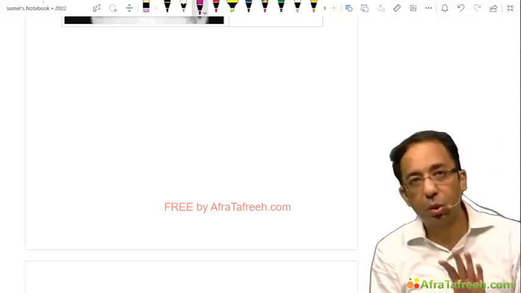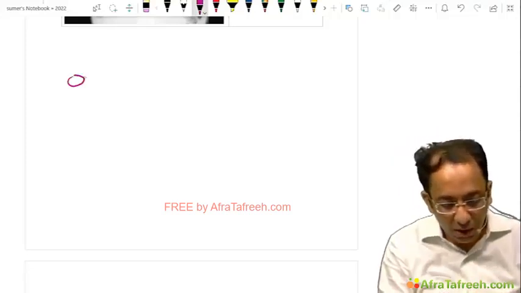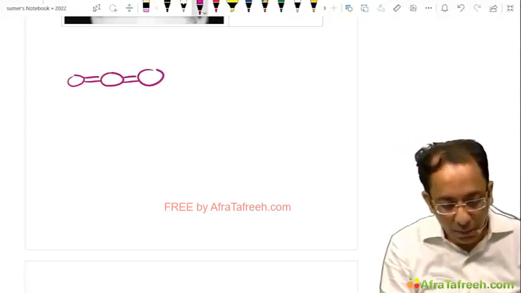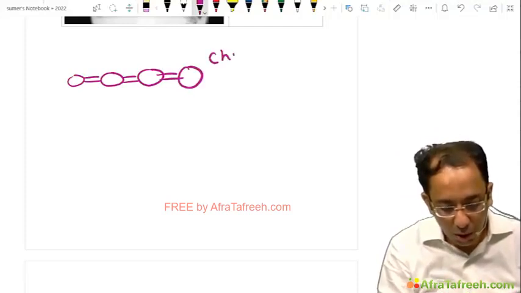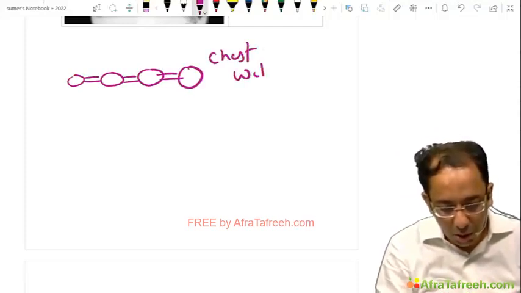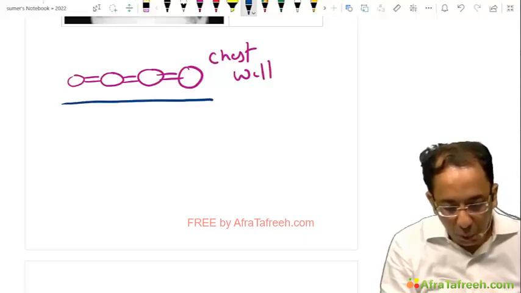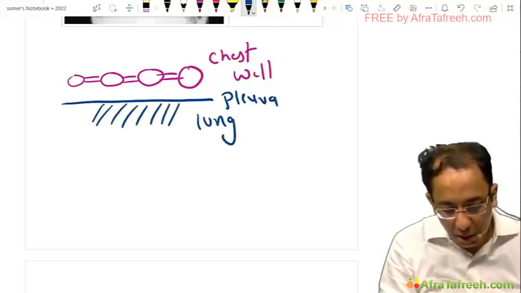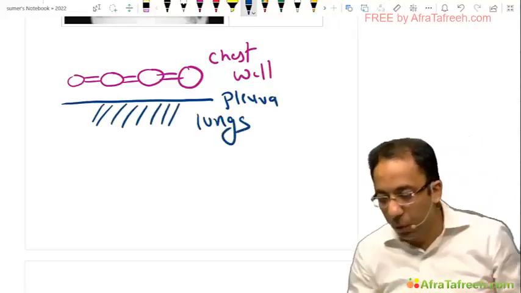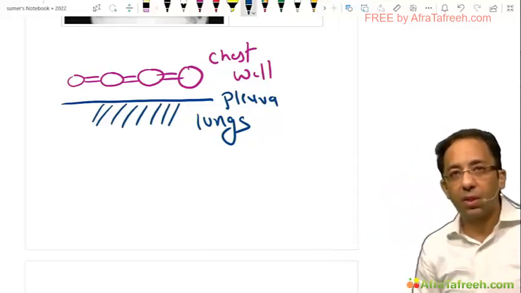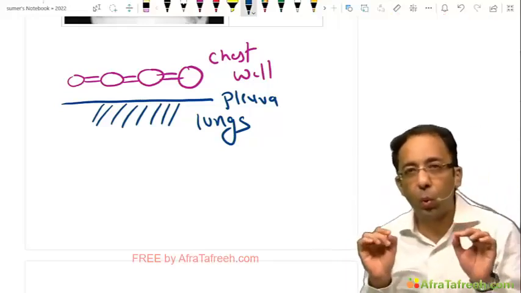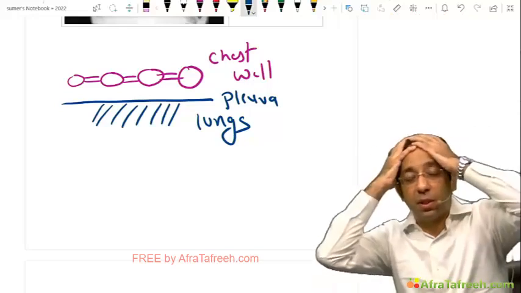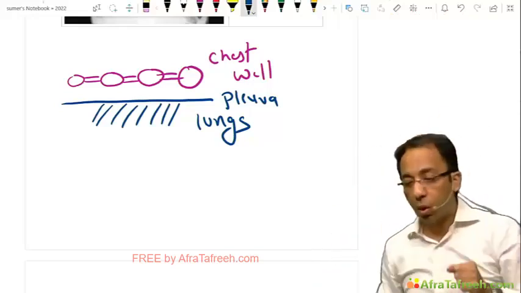Just listen to me, then I will show you the sign also. If these are your rib cage, chest wall, below the chest wall you have the pleura, and below the pleura we have the lungs. Now I want you to close your eyes and imagine, okay, now open your eyes.